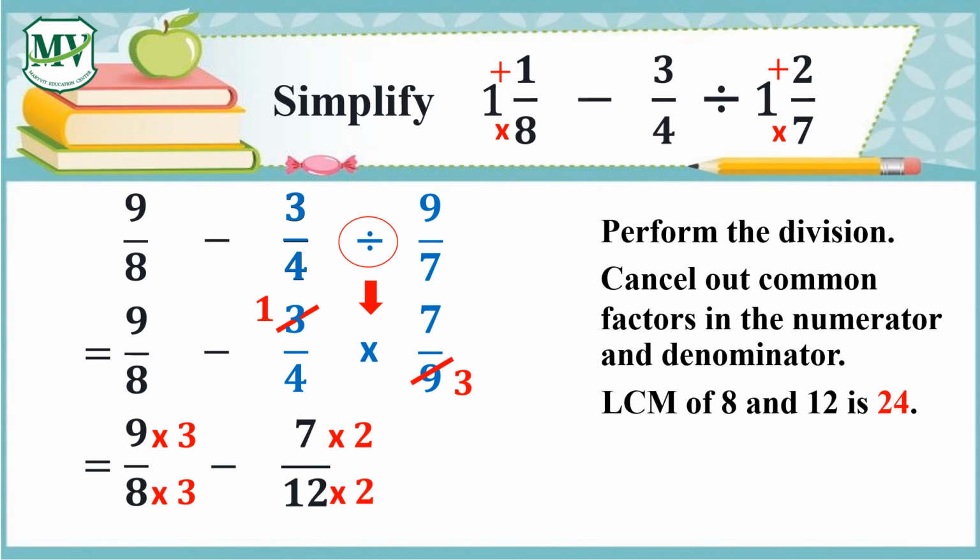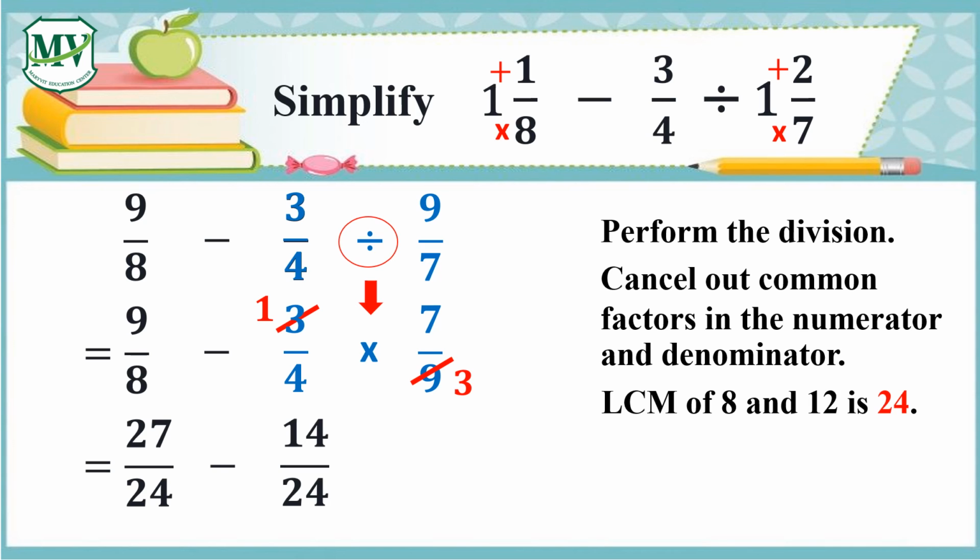9 times 3 and 8 times 3. That's correct. We have 27 over 24. How about 7 times 2 and 12 times 2? Excellent. We have 14 over 24.